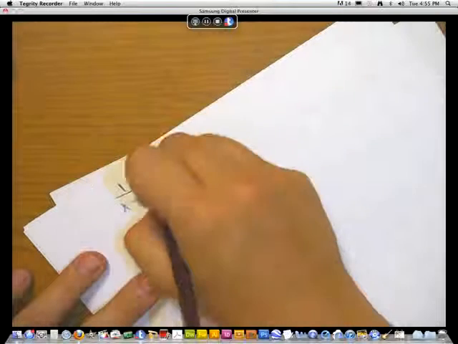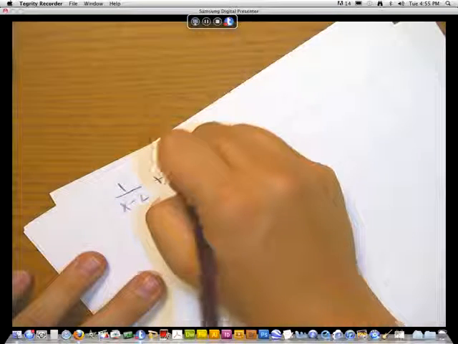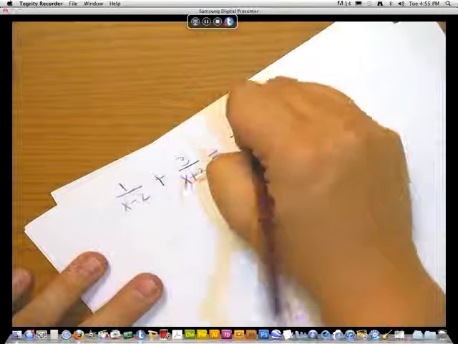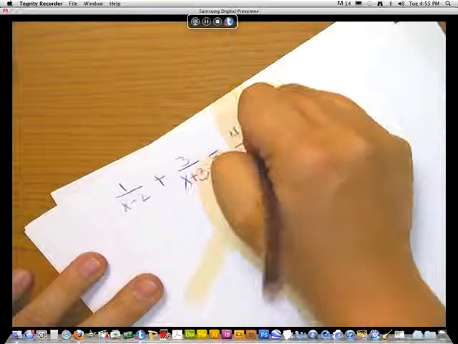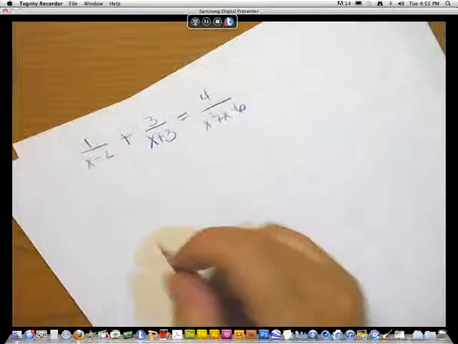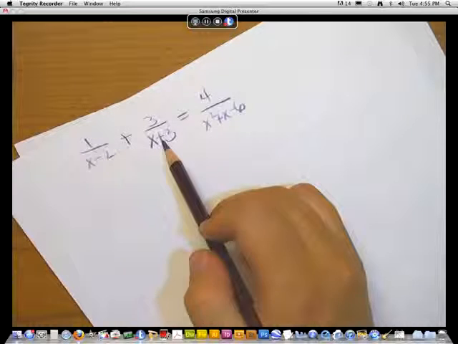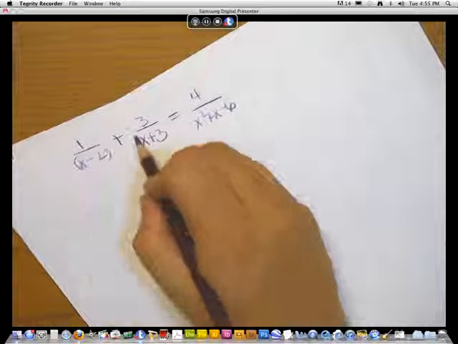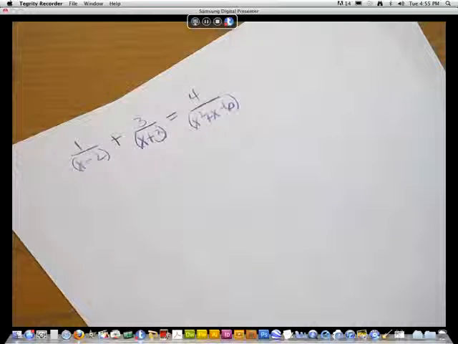So let's look at one more example. 1 over x minus 2, 3 over x plus 3, 4 over x squared plus x minus 6. If I look at these denominators, I have to look at them as all or none, they're all connected. Plus and minuses you can't separate. So x minus 2 is all together, x plus 3 is all together, and then the x squared plus x minus 6 is together.